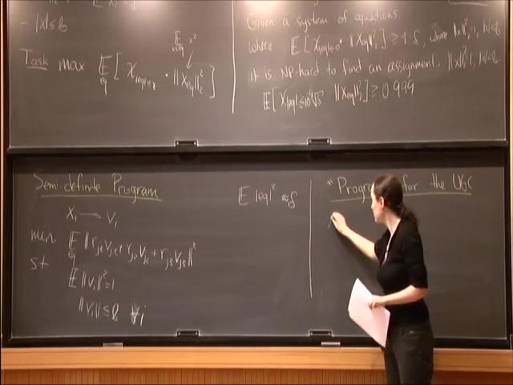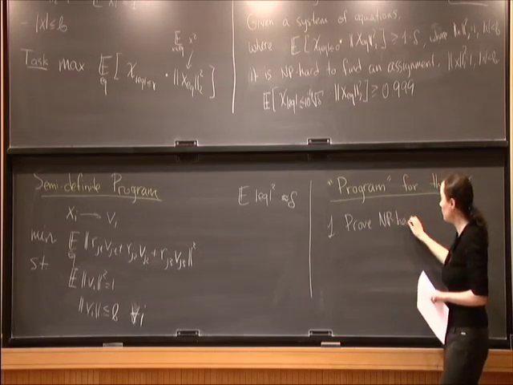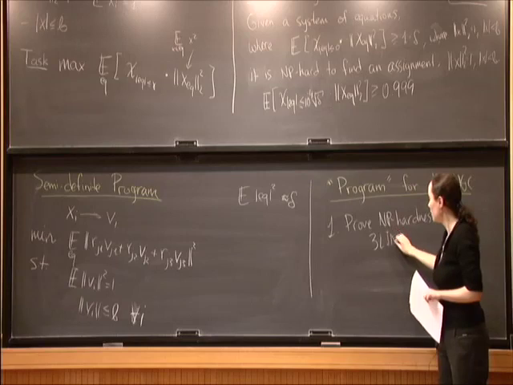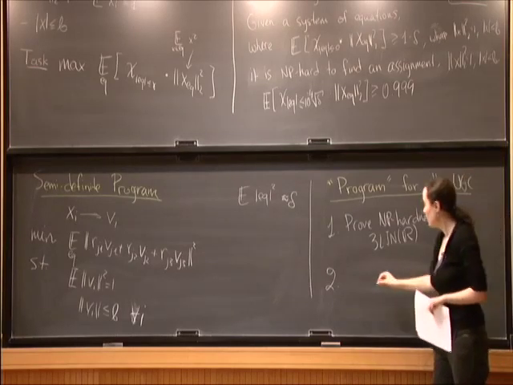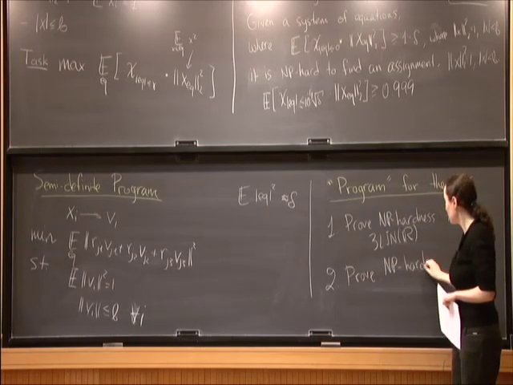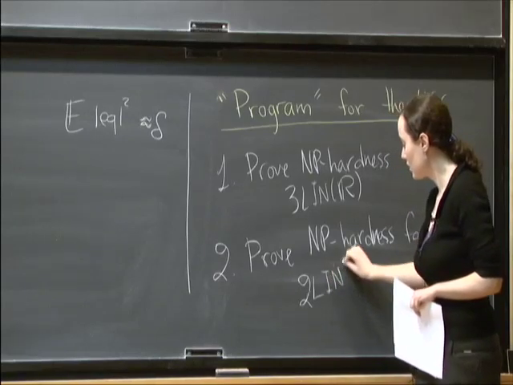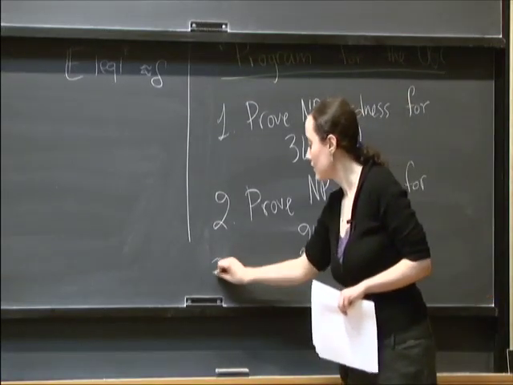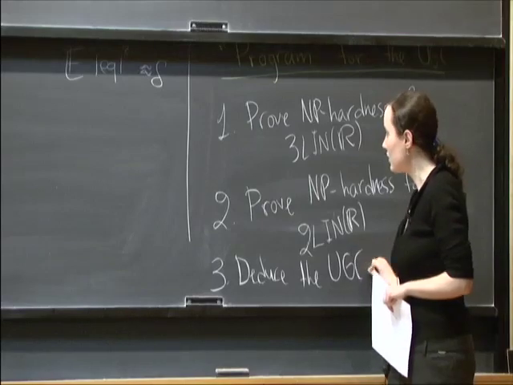The program says: first, prove NP hardness for this problem, then deduce that there is NP hardness for 2-lin over the reals, and from this deduce the unique games conjecture.